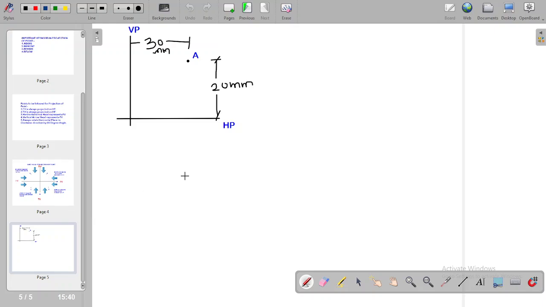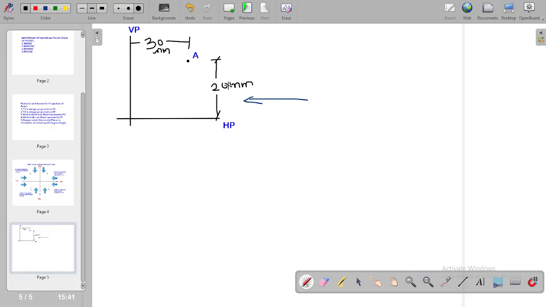Now we will understand the concept with this question. Suppose VP plane, HP plane, and in the first quadrant point A is situated. Point A is 20 mm above the HP and 30 mm in front of VP. While solving, first draw the arrowheads, directed towards the respective planes.